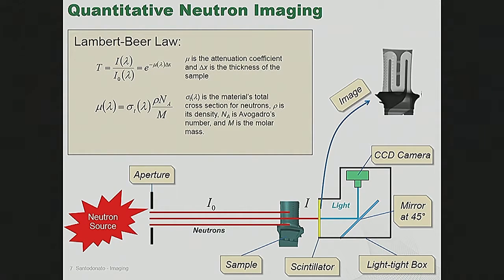But if you break that down further, this attenuation coefficient depends on some inherent properties of the elements that comprise your sample. This cross section is going to be wavelength dependent for one thing, and of course it's going to depend on what elements you have present.